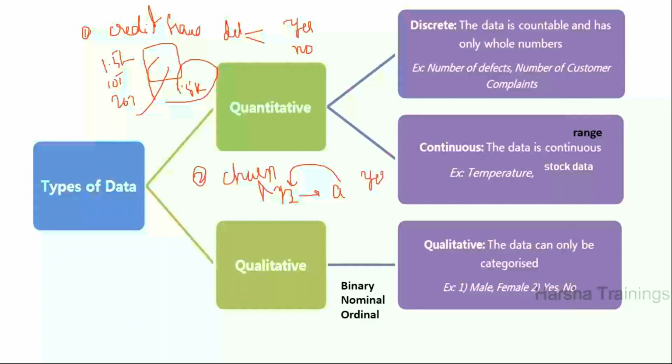If it is yes, it means customer churn, he will leave our company. If he is not satisfied with our services, he may go to some other company. This is called customer churn. Clear? Now this is called categorical. Will you agree? Yes.